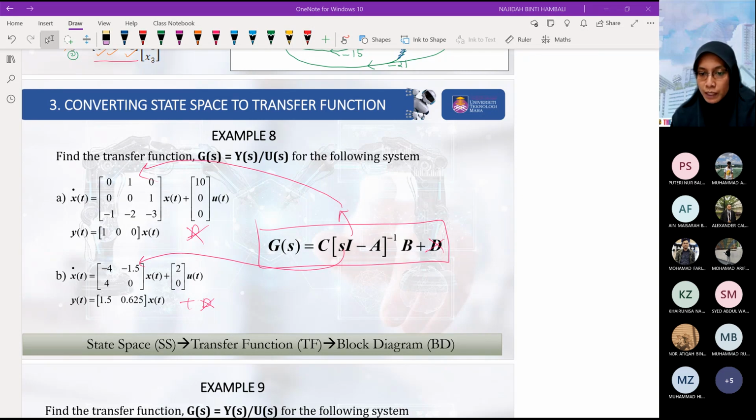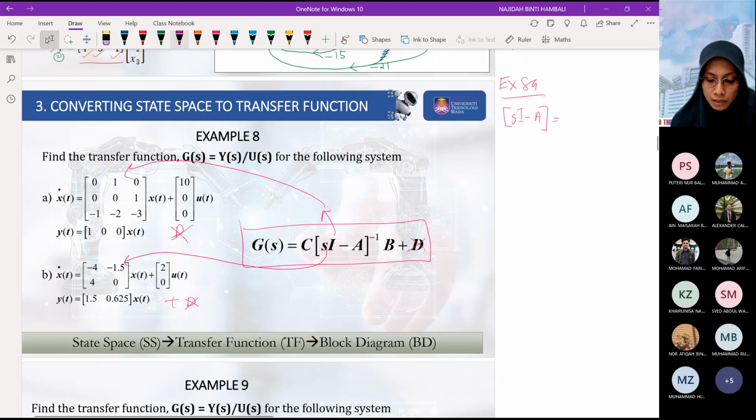Now for example 8A, let's construct our matrix SI minus A. Okay, so this is matrix SI minus A. You know that SI is a 3 by 3 matrix, S multiplied with the identity matrix.